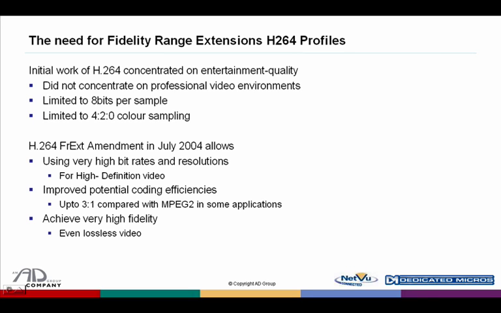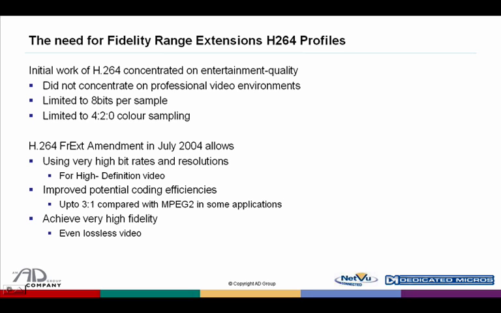The frequency range extensions, produced in 2004, allowed for the use of very high bit rates to achieve very high definition video streams. It also used higher level coding efficiencies, using some high-level coding tools, and in this particular case, using the Fidelity range extensions allowed us to actually achieve compression of 3:1 over MPEG-2, so exceeding even their original goals.